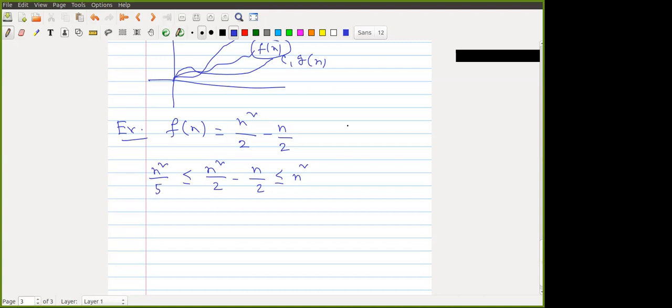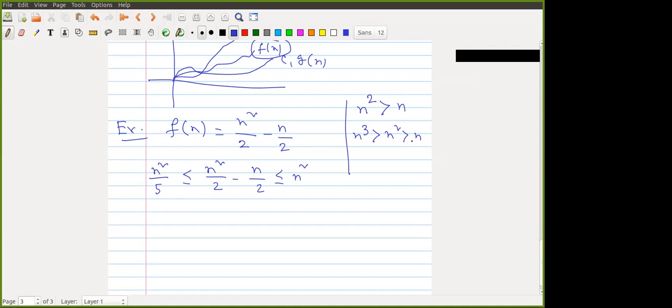One thing I'll also tell later: n square is of course greater than n. Simultaneously, n cube is always greater than n square. You understand my point? Once n goes large enough, n cube will always dominate n square.